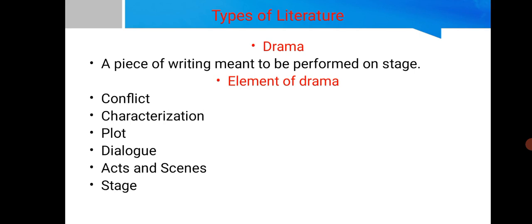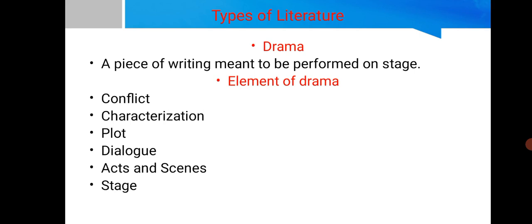The scenes are the various settings. So there could be one scene in a church, then the scene could move to maybe a marketplace, to maybe a palace or a religious place of worship. These are scenes, various settings that the drama moves to from one place to another.